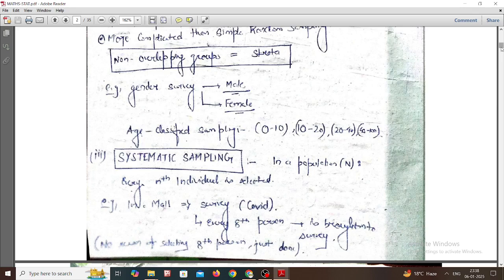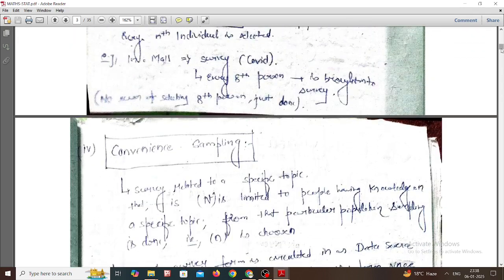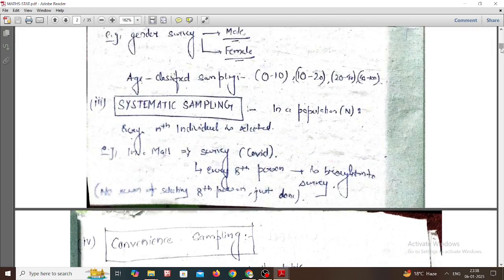Systematic sampling. In a population N, every nth individual may be taken as a sample. Every nth individual may be selected as a sample. Like we have 10 people in a class.